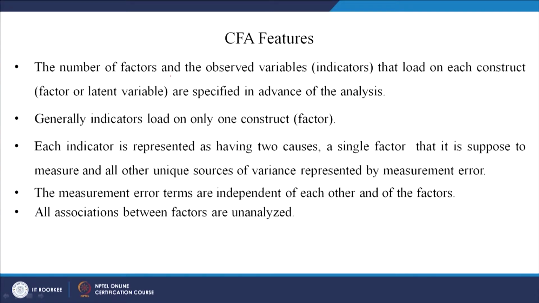The number of factors and the observed variables that load on each construct are specified in advance of the analysis. So you have no scope to change anything after the test is done. The researcher has to say beforehand what the model will be, so that what he is thinking now and the model after it has been statistically checked both come true.